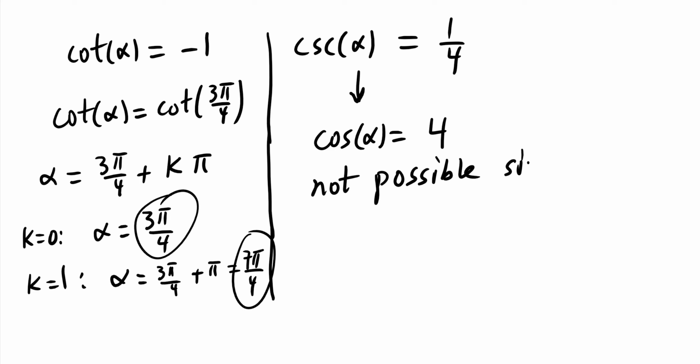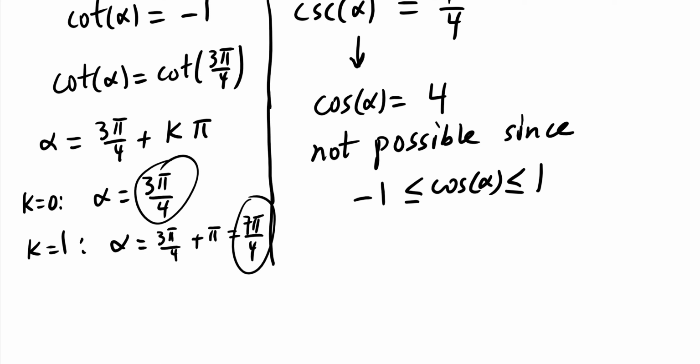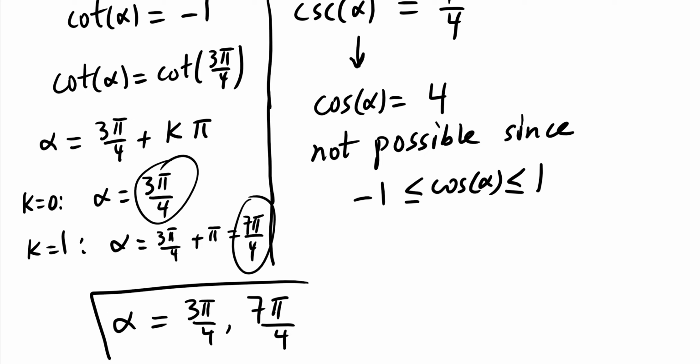Since the values of sine and cosine are always bounded between -1 and 1, it can't exceed 1. Why is that? Because the graph of sine oscillates up and down between -1 and 1. It can't reach 4. So there are two values of alpha that satisfy the equation, 3 pi over 4 and 7 pi over 4. These are the only two values.